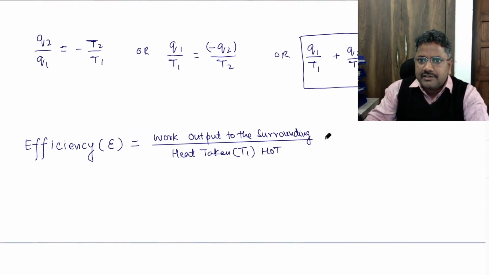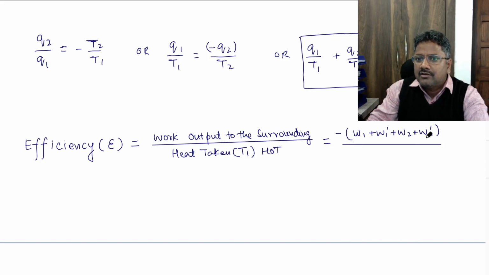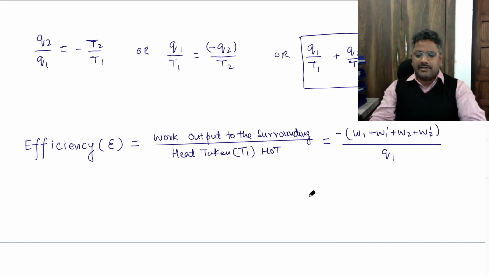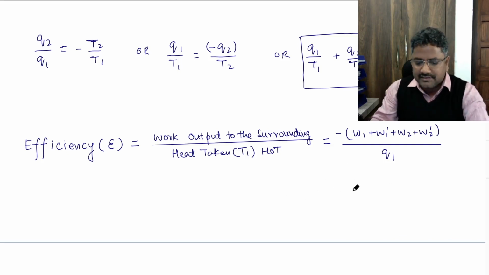So this is equal to, you can write here surrounding, so negative sign will come with the W1 plus W1 dash plus W2 plus W2 dash, whole divided by Q1. So this is the efficiency of this cycle, right? So this is equation 8.